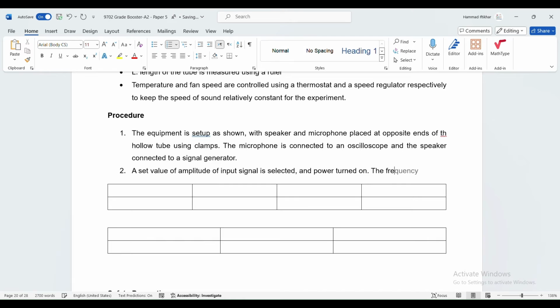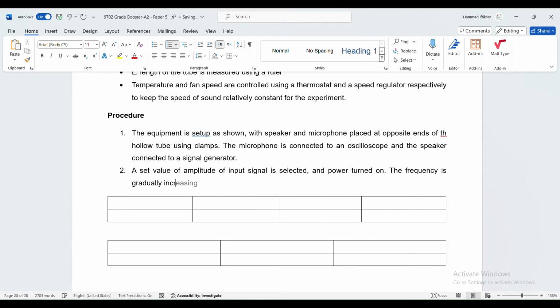The frequency is gradually increased while observing the response on the oscilloscope.